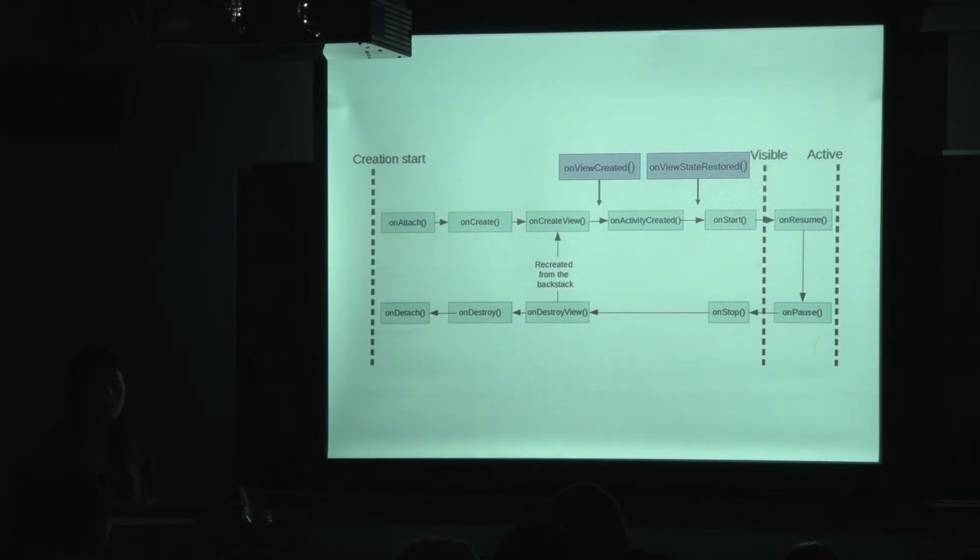So prior to that, you had to make decisions on whether or not you wanted to tweak your user interface in response to the view being restored from saved state, and you needed to do that probably in onActivityCreated and just make assumptions on whether or not it was restored. And with this callback, you can know with confidence that your fragment was restored from saved state.